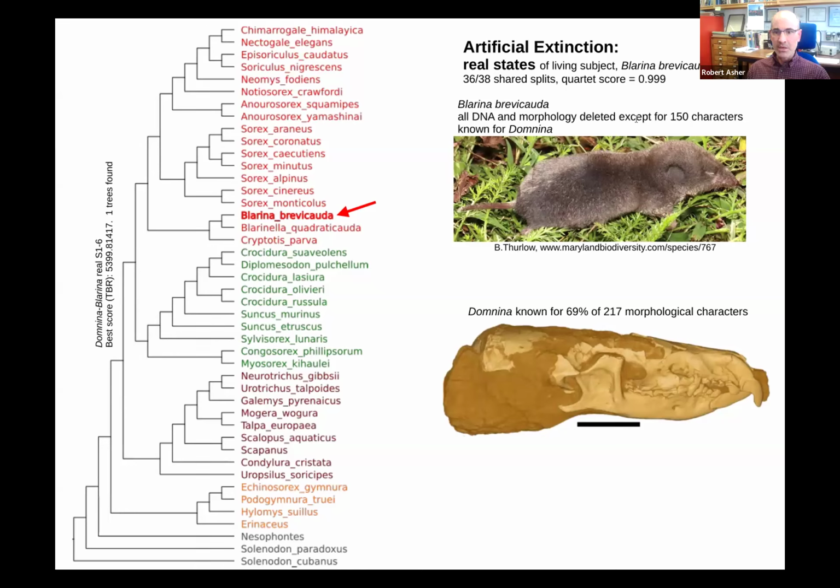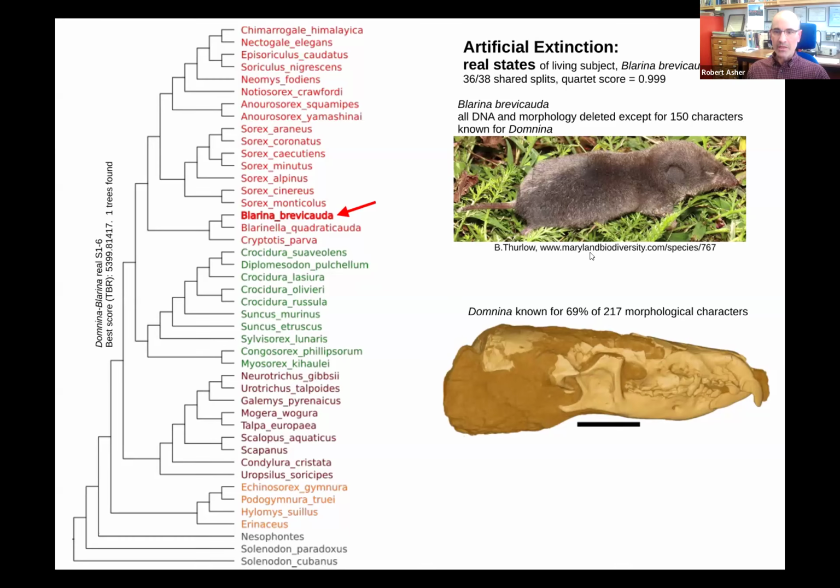So here is a recent species, Blarina brevicauda, short-tailed shrew, not rare in all sorts of parts of North America. We pretended, as I've been saying, that this was a fossil for a moment. So we deleted all the non-fossilizable data for Blarina brevicauda.